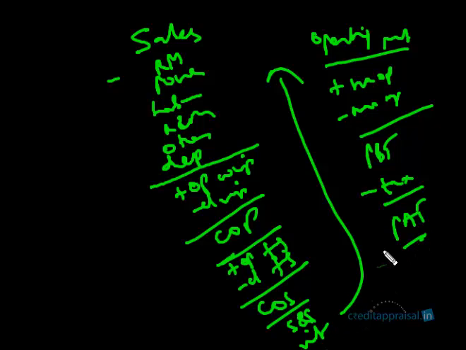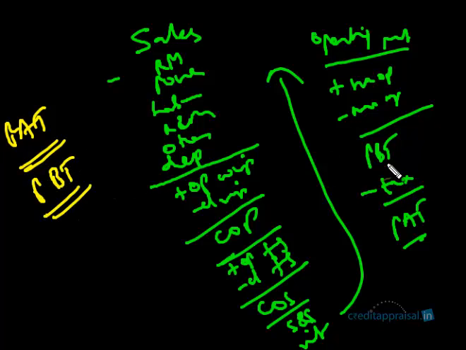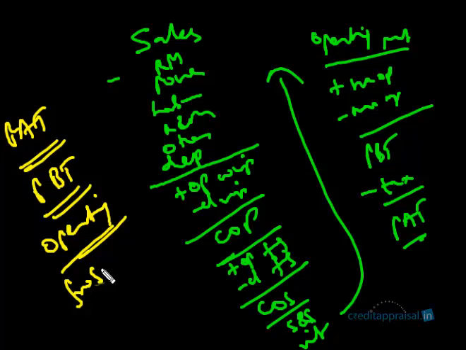There are various profit measures here. Profit after tax is the final figure. Then there is profit before tax, then operating profit, and even though it's not mentioned here, there is something called gross profit.